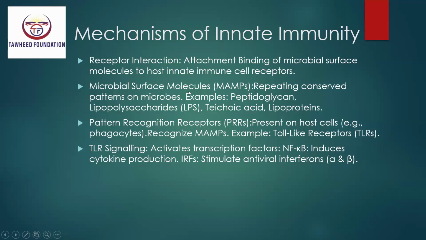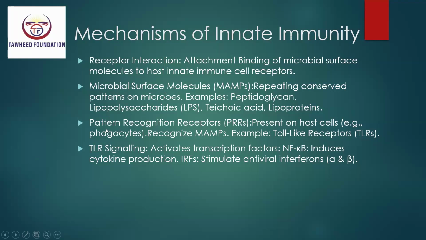Second is microbial surface molecules, which is MAMPs. They are the repeating patterns of conserved molecules which are common to most microbial surfaces, called microbe associated molecular patterns, MAMPs. Examples of MAMPs include peptidoglycan, lipopolysaccharides, teichoic acid, and lipoproteins present on bacterial surfaces.